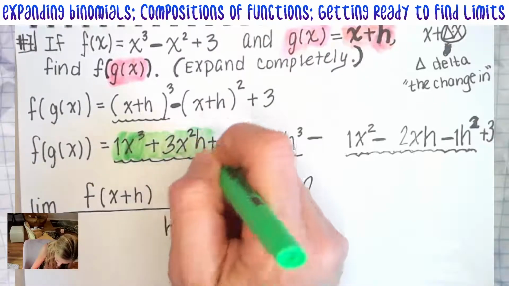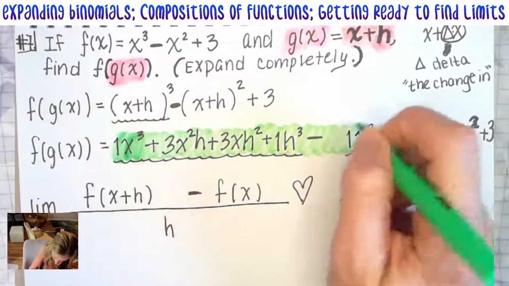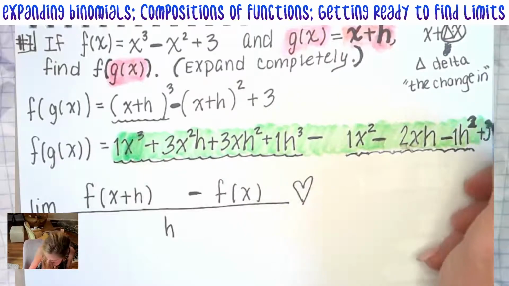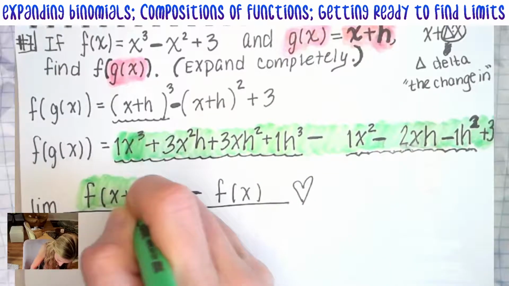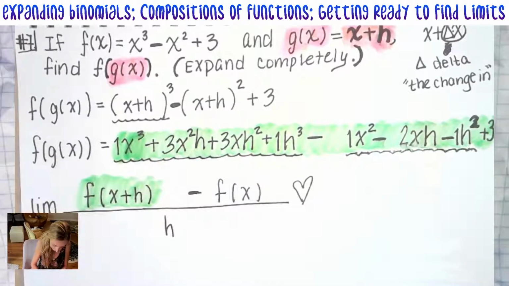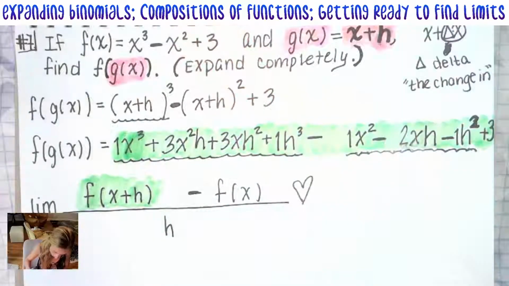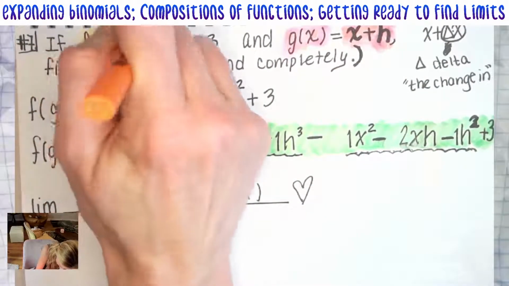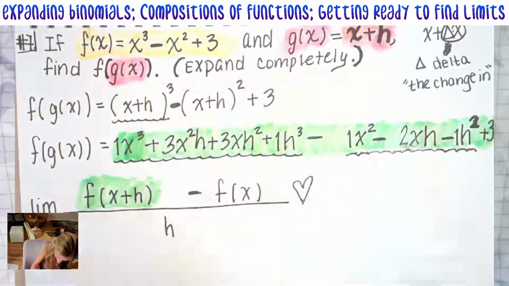This whole answer we just got, I know we called it f of g of x, but what did we say that g of x was equal to? g of x was equal to x plus h. So it's the same thing. So that will go right over here. We already did that part. How about f of x? f of x was in the original problem. It was this whole thing right over here.